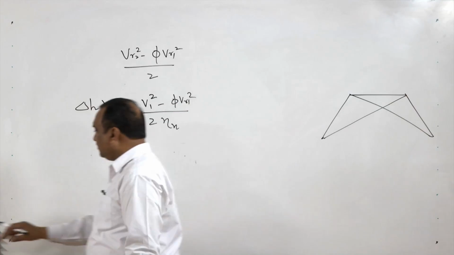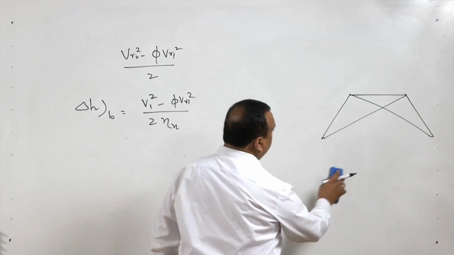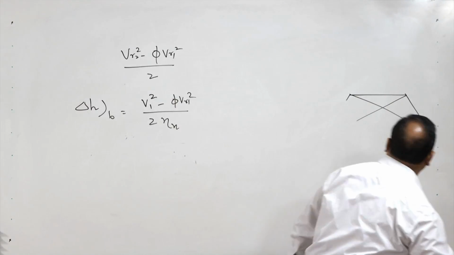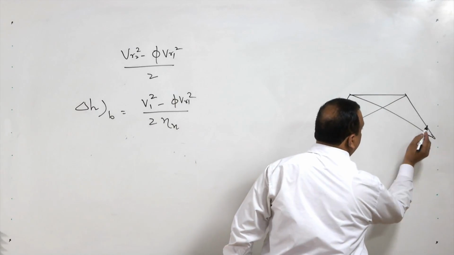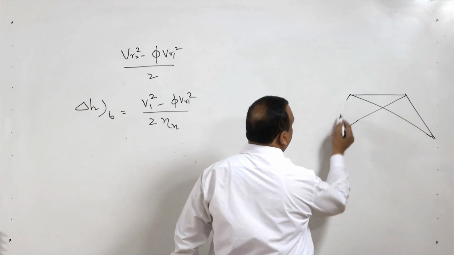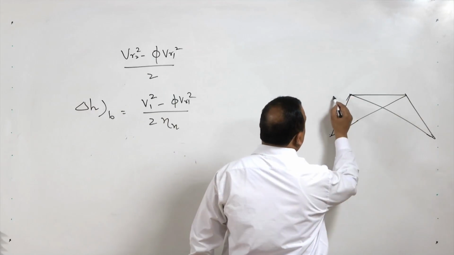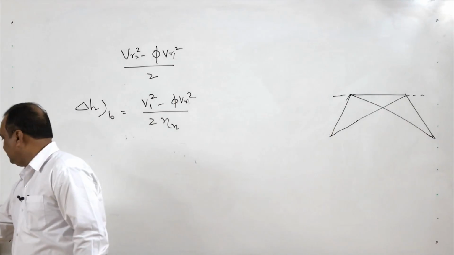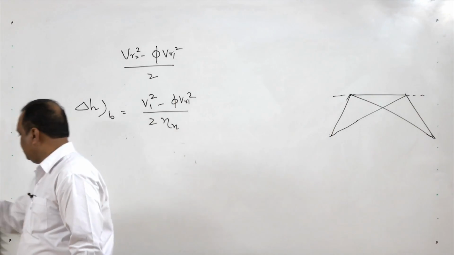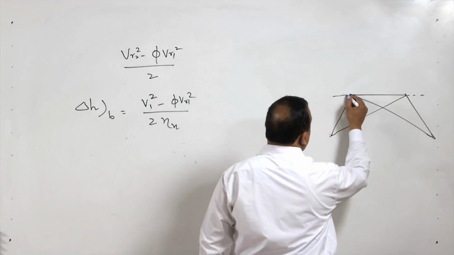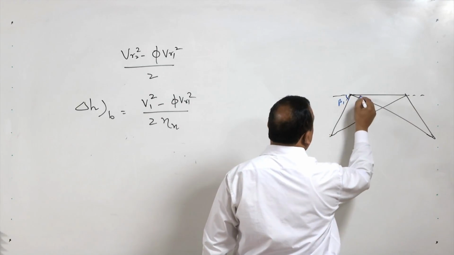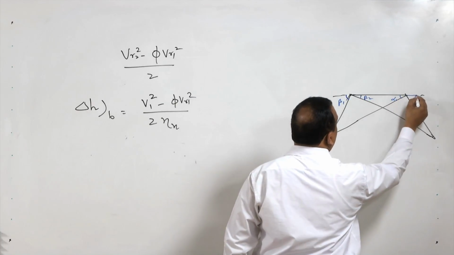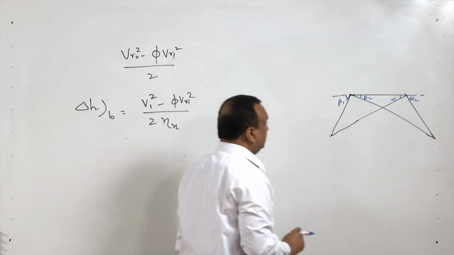Now, in the Parsons turbine it is similar. This is blade inlet angle, blade outlet angle, nozzle inlet angle, nozzle outlet angle, right.